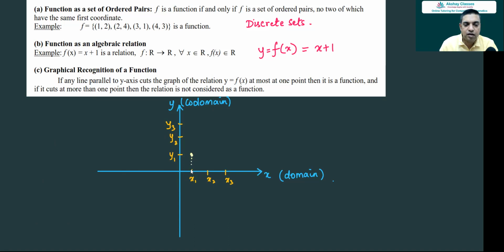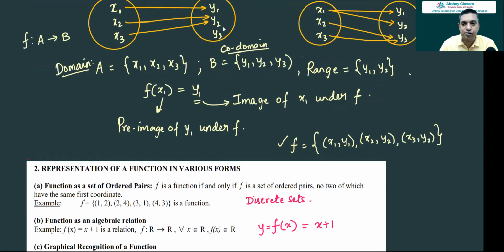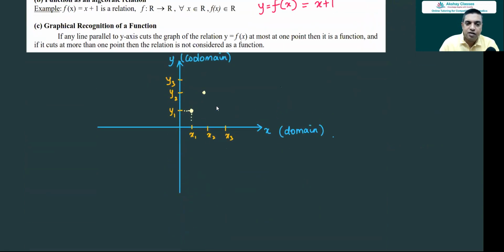So this particular point represents your functional relationship f. Then x2 relates to y2, and x3 in our example also relates to y2. So this is a representation of the function. This is a function. Of course, it's a function which is breaking. It is not a continuous curve.